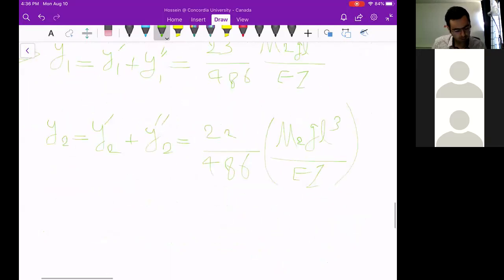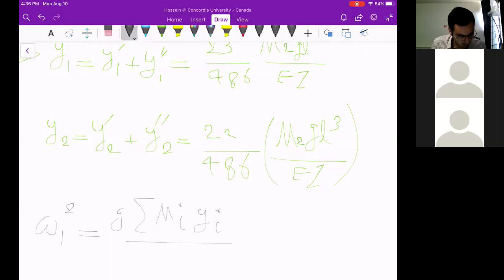So the fundamental frequency would be, according to the equation, omega 1 squared equals G times the summation of mi yi divided by the summation of mi yi squared.